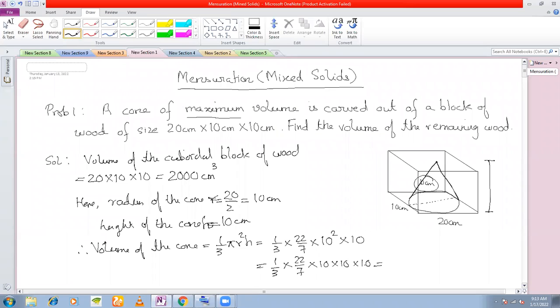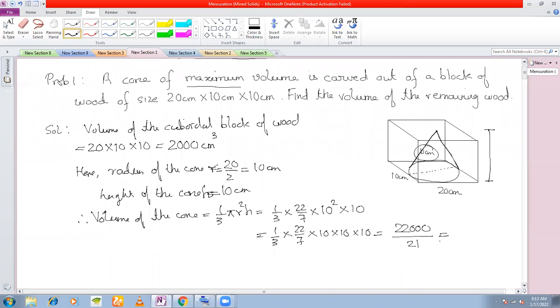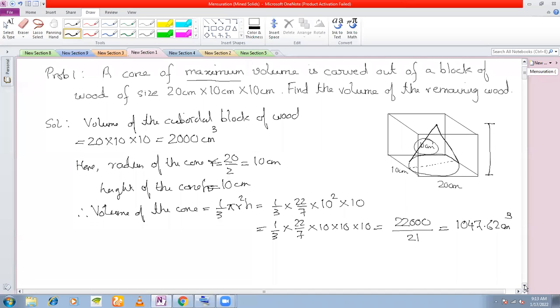So if you multiply the numerator, that is 22 into 10 into 10 into 10, you get 22,000 divided by 21. Okay. Now if you divide 22,000 by 21 directly, you'll get 1047.62. This is the volume of the cone, centimeter cube. Hence, what is the volume of the remaining wood?